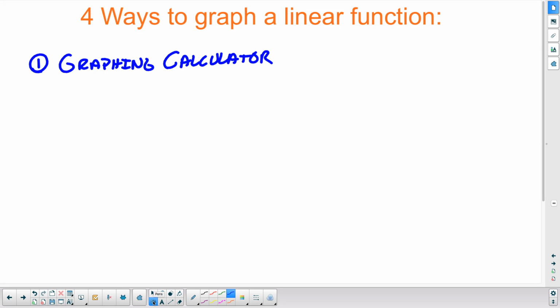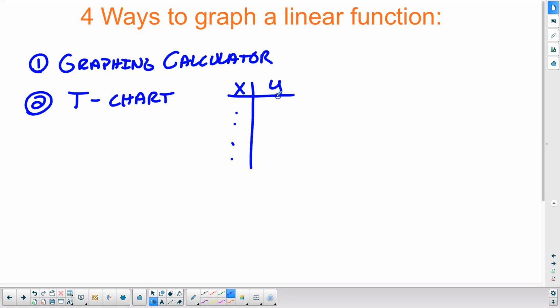Another way, you can always make a T-chart where you pick some x's, then you plug that into your function, and you get out some y's, and then those become ordered pairs.